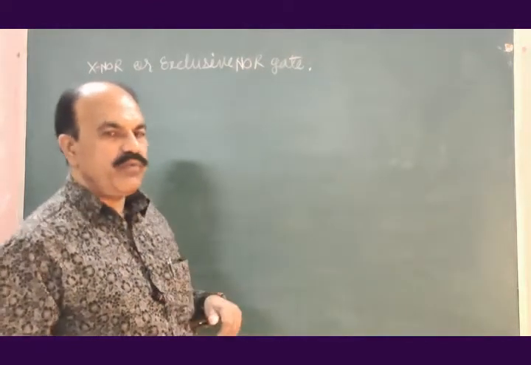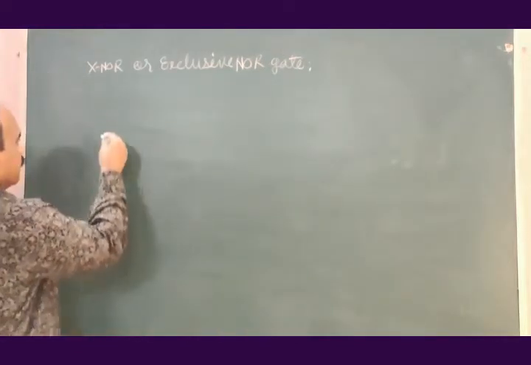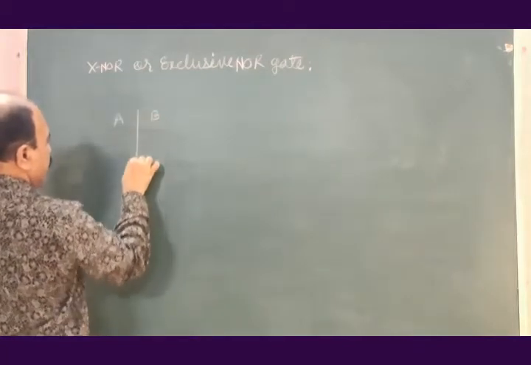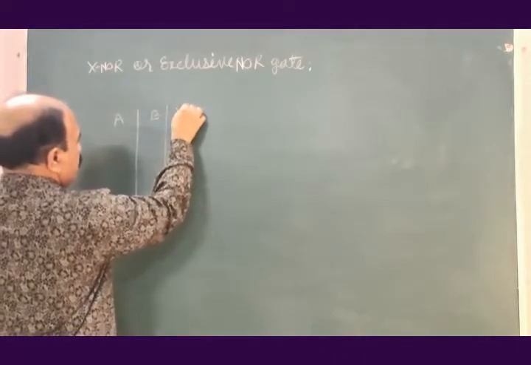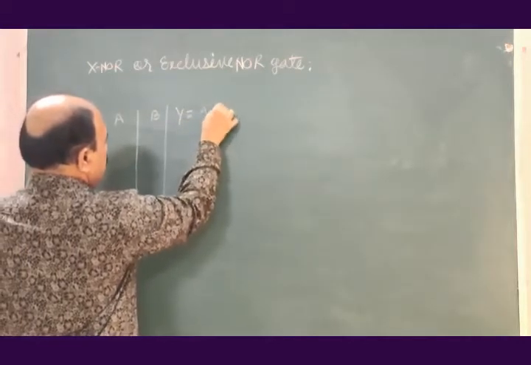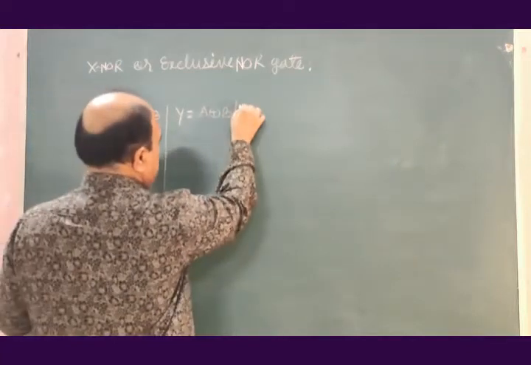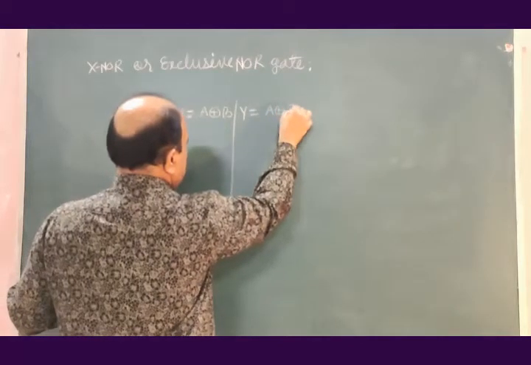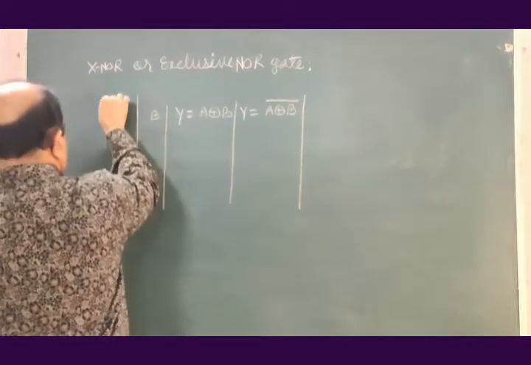The truth table we discussed for exclusive OR gate is this: inputs A and B. So there will be only two input conditions. Y is equal to A XOR B for XOR gate. Y is equal to A XOR B whole bar for XNOR gate.